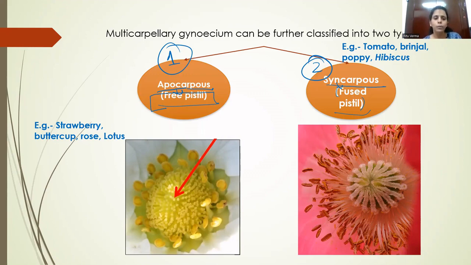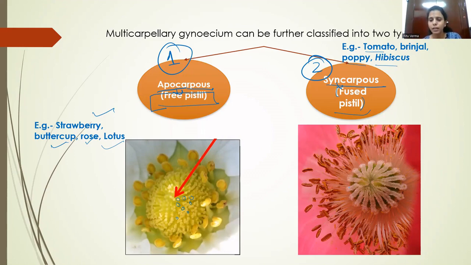Now the examples of Apocarpous are strawberry, buttercup, rose, lotus. This is again the picture of strawberry, and you can easily make out that all these stigmas and styles are visible and completely free from each other. They are not fused with each other. And syncarpous examples are tomato, poppy plant, hibiscus.